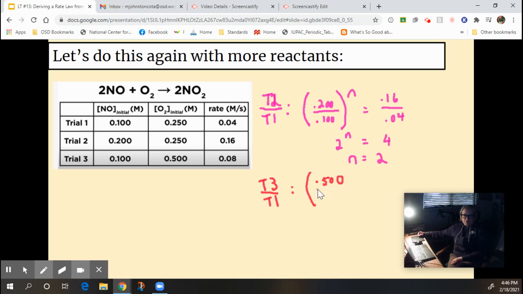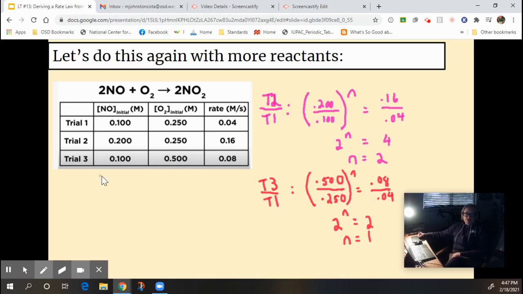So 0.500 divided by 0.250 to the nth power equals 0.08 divided by 0.04. And so this is going to give me an answer of 2. So I'm doubling that concentration again. To the nth power equals 2. So then my order of reaction here has to equal 1.